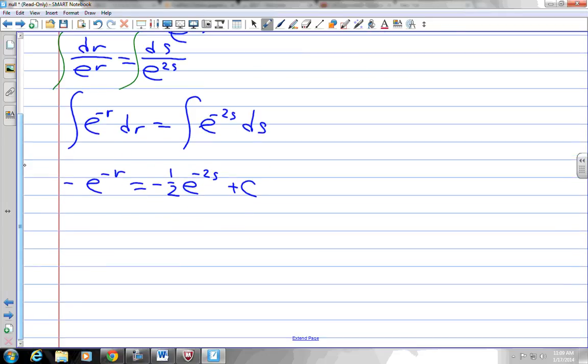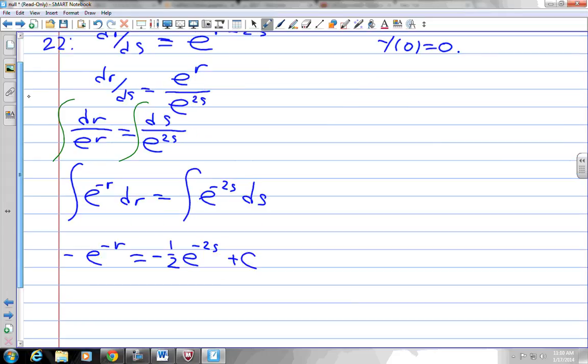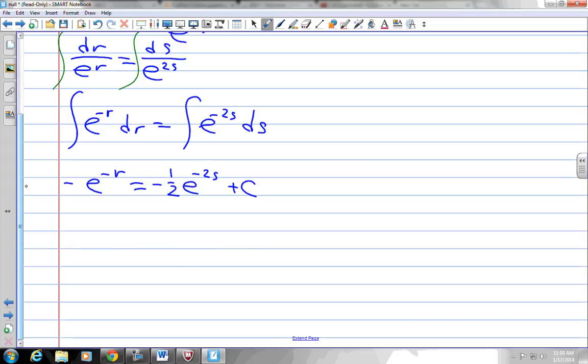So I can find c right now, and then I'll start solving for whatever variable I want to solve for. What is my function here? S, no, r, dr ds. So r is my function.